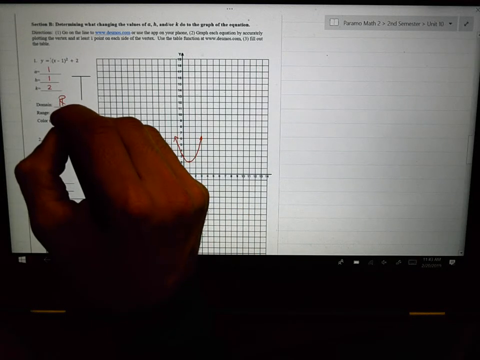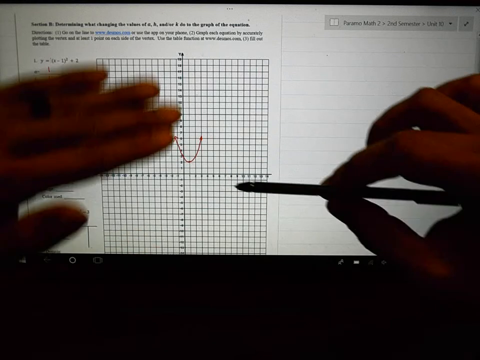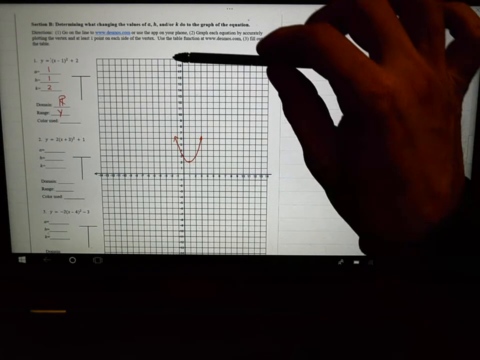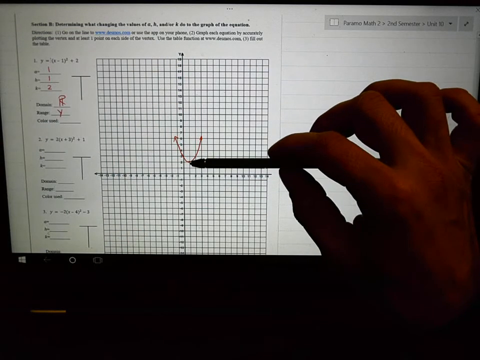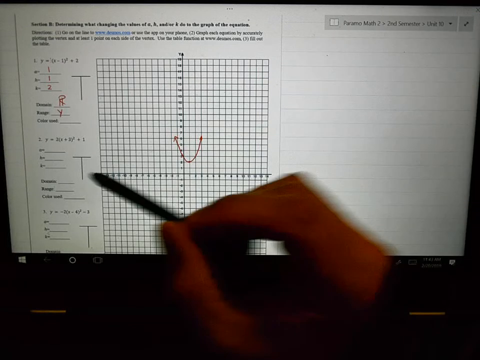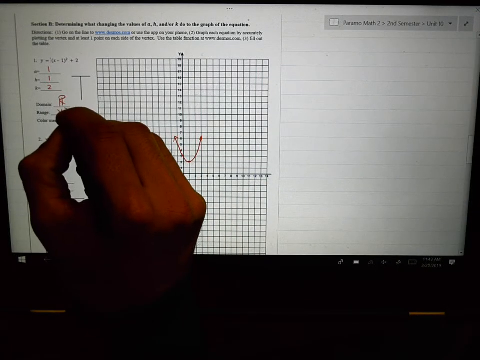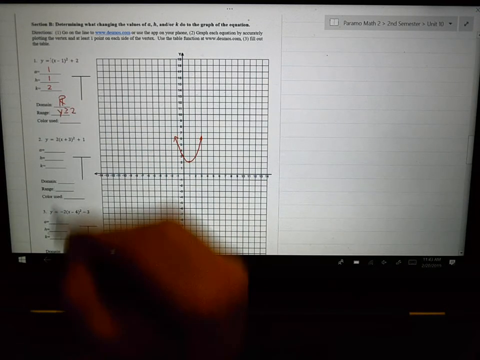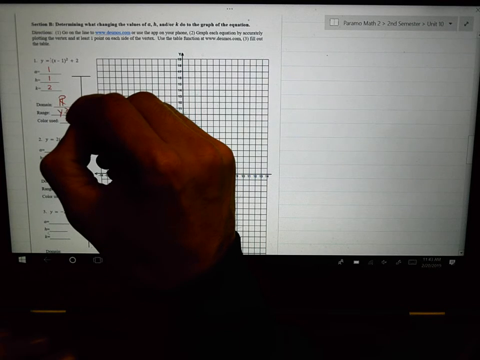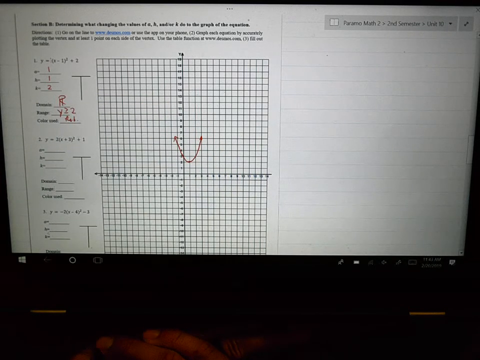Our range, we're not using all the y's though. We're only using, on the y-axis, points that are this point and above. I can say its y is greater than or equal to 2. And then I used red for mine. You can decide what color you used, whether it's pencil or blue or black and things like that.